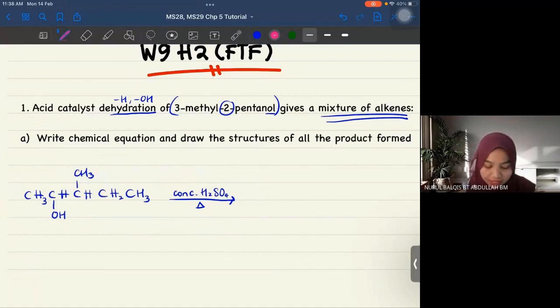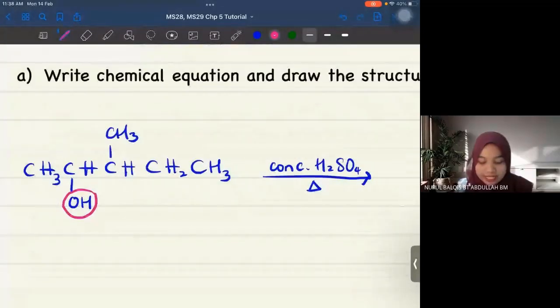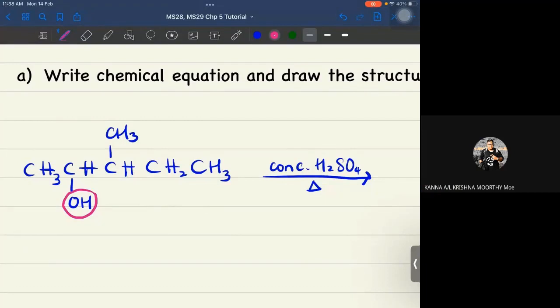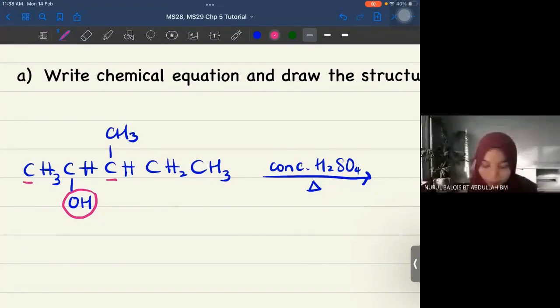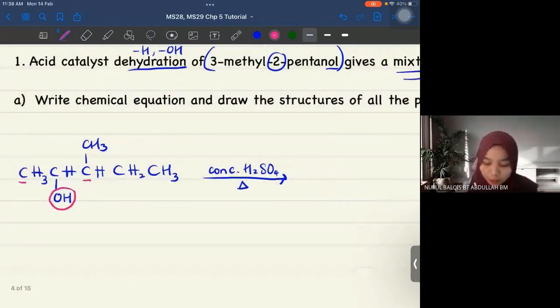So means the carbon bearing the OH, kita akan remove the OH. Sama juga macam tadi, kita kena tengok the adjacent carbon. How many adjacent carbons do we have? 2. So we have one in here, another one in here. Means there are possibilities for you to form a carbon-carbon double bond between these two carbons.